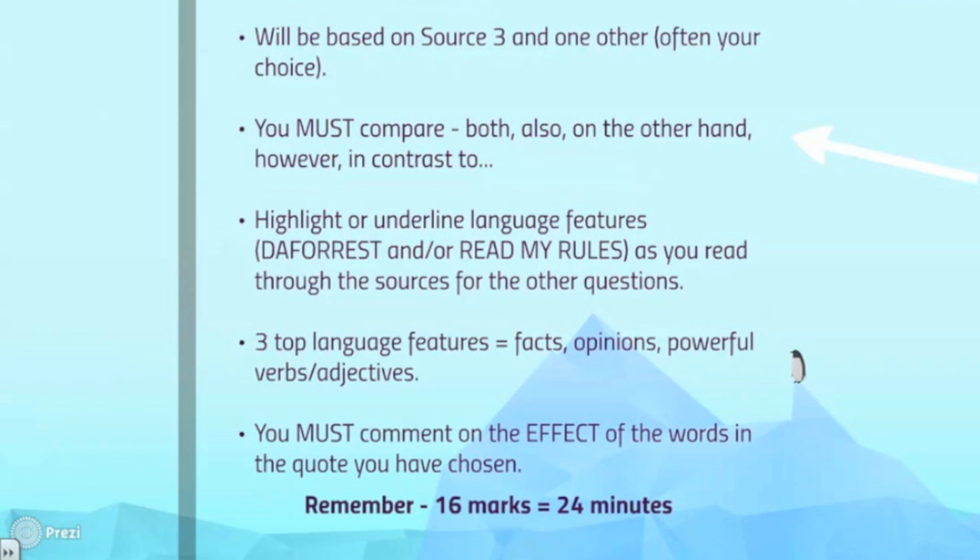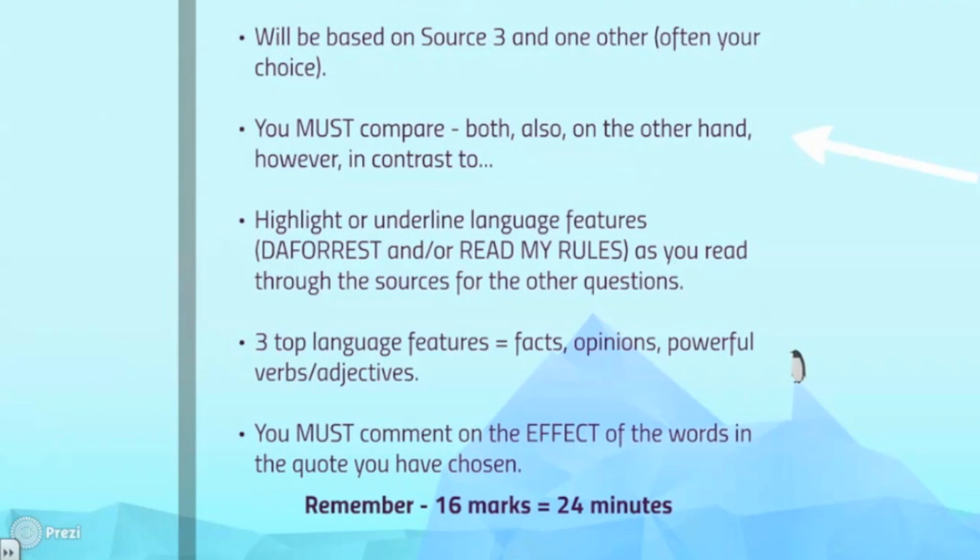Now we know even before we go into the exam that question 4 will be based on source 3 and one other, which is often your choice. So bearing this in mind, I would always recommend making sure that you highlight or underline any language features as you read through the sources for the other questions.